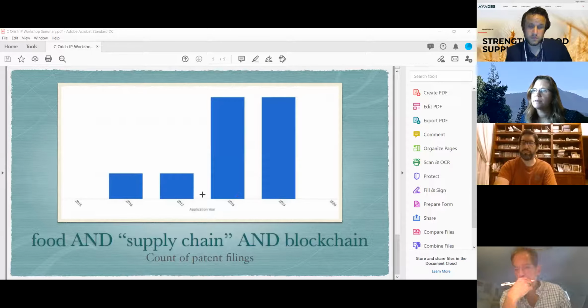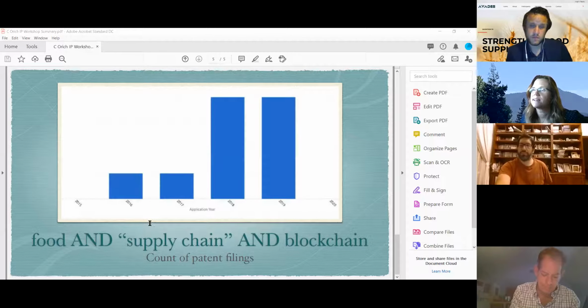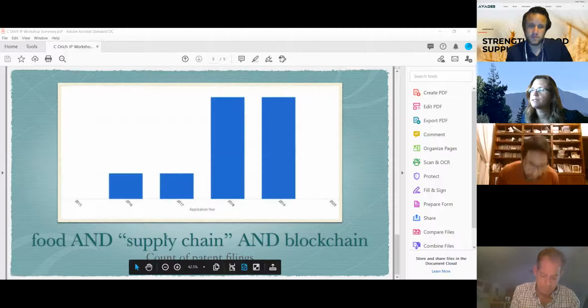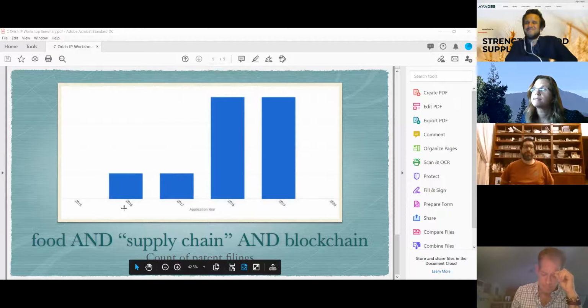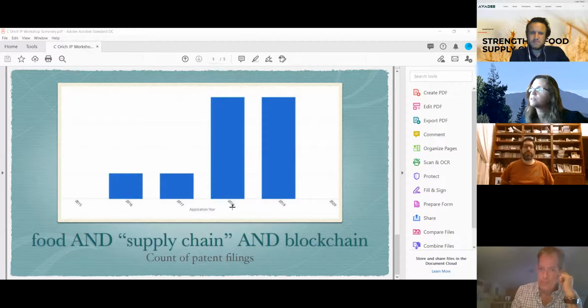The last one I wanted to share is this. I did a search on just food and supply chain, and then I added the term blockchain, and according to this search, there were no patent filings with those three keywords together before 2016. Then in 2016 and 2017, there was one each, and in 2018 and 2019, there were four each. So I would say this is definitely an emerging area for patent filings, which I thought was very interesting.